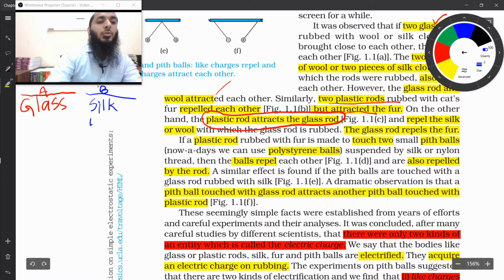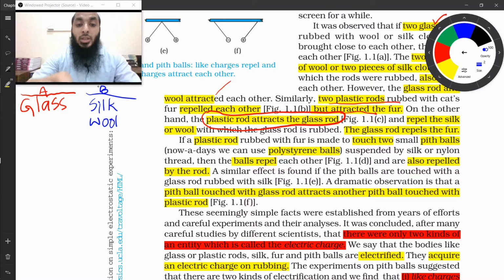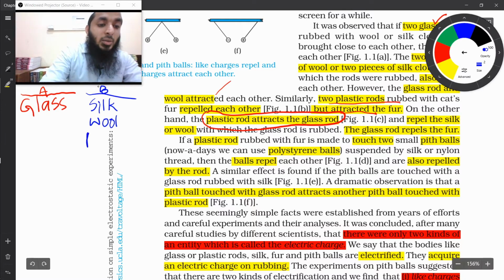So silk and wool are in the opposite team. But here you understand that the plastic rod attracts the glass rod. What does that indicate? It is a clear indication that they have attained opposite charges. That means plastic will be in team B because they are attracting each other.